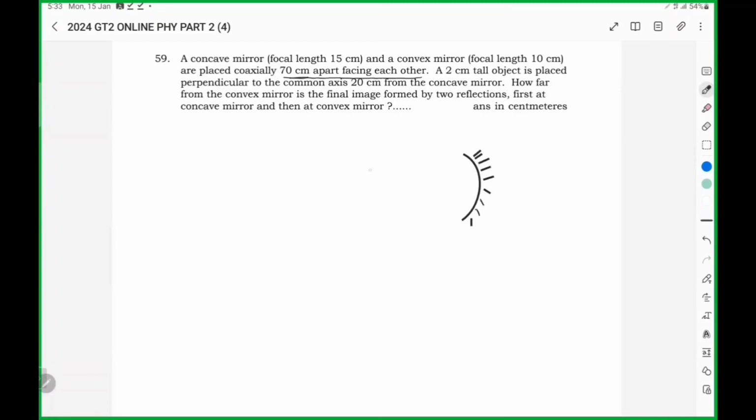And another is a convex mirror, where the inner part is silvered. This is the reflecting surface.